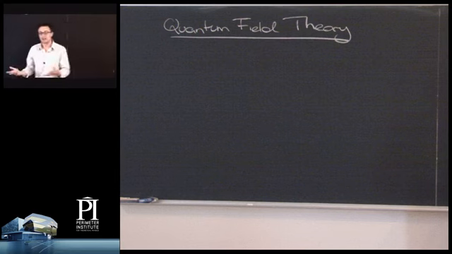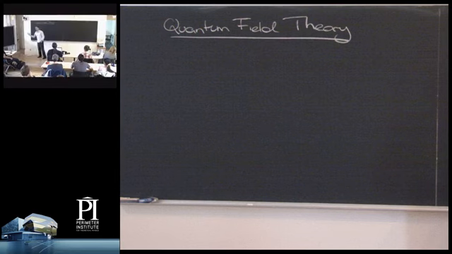So for the electromagnetic field, that's what we call a photon. But now we have to start introducing new fields for all the other particles that we know of in the universe. So we should introduce an electron field, and a quark field, and a W boson field, and a gluon field, and a neutrino field, and so on and so on. So that's the basic premise of quantum fields.